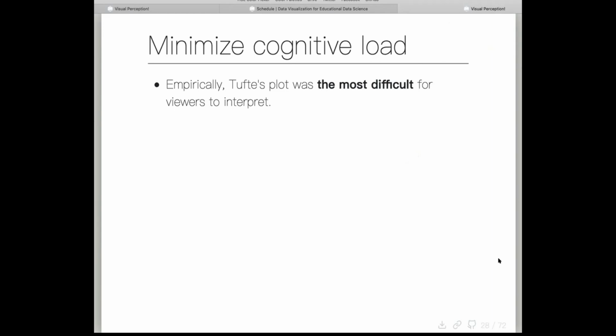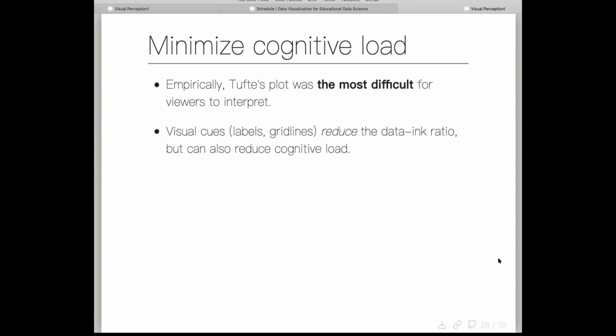And I would argue the data to ink ratio is still a good thing to think about, but it shouldn't be the only thing that you think about, right? So Tufte's plot among those box plots was the most difficult for viewers to interpret. And that's because visual cues like labels and grid lines can help you interpret the data, even though they reduce the data to ink ratio, right?